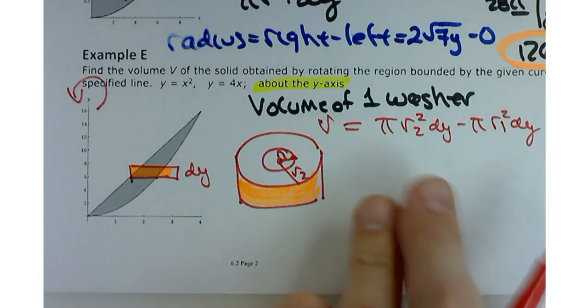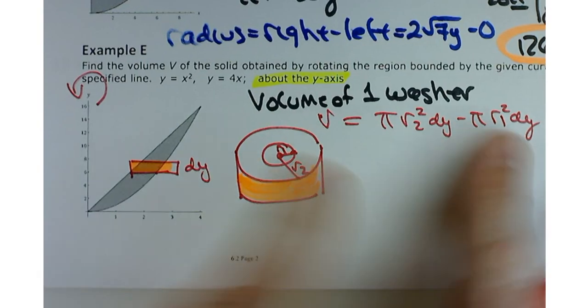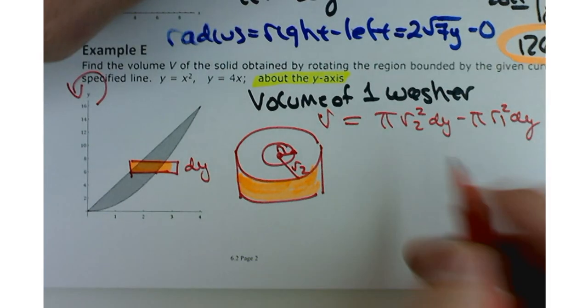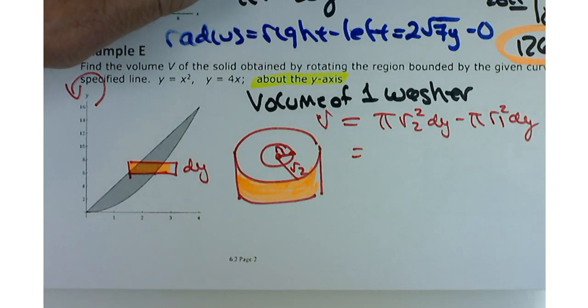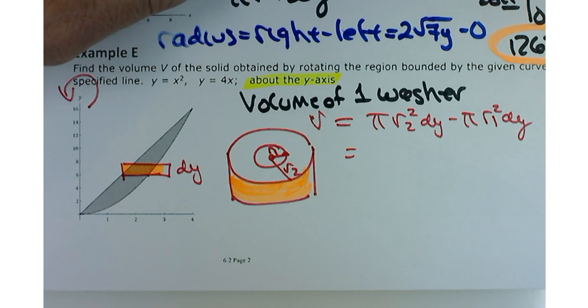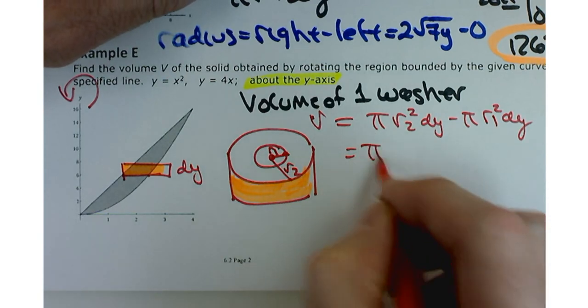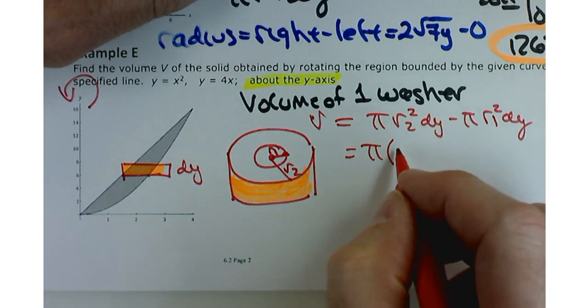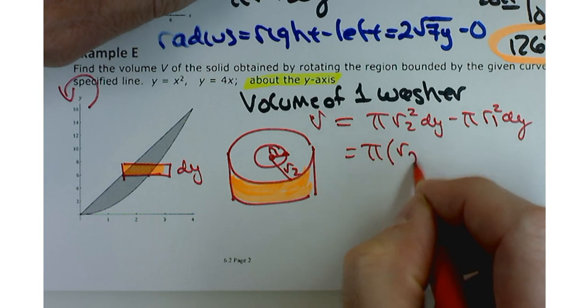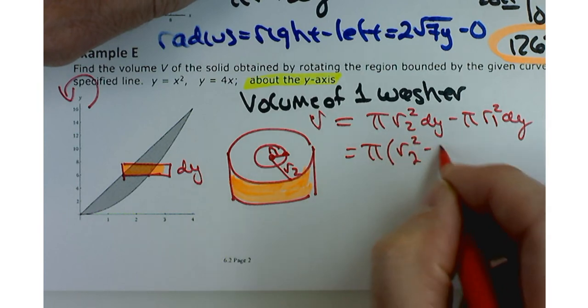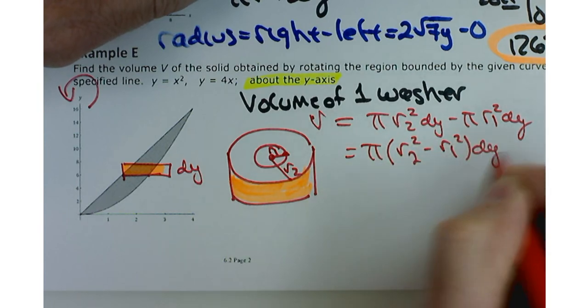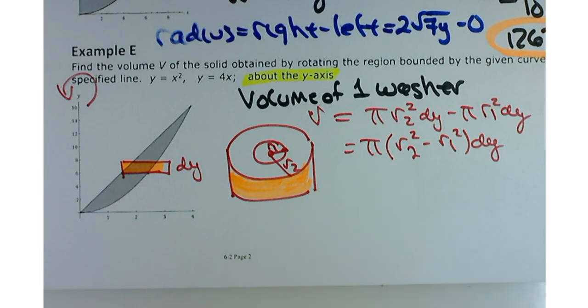So it's just the outer cylinder minus the inner cylinder, leaving you whatever's left. But I'd probably clean that up a lot, by factoring out the pi out the front and the dy out the back. So it's just pi times r2 squared minus r1 squared dy. And that's the thing that we're going to need to concentrate on filling in.